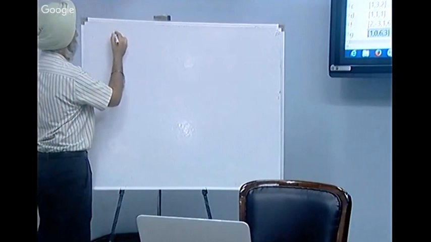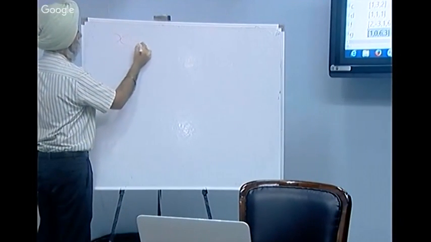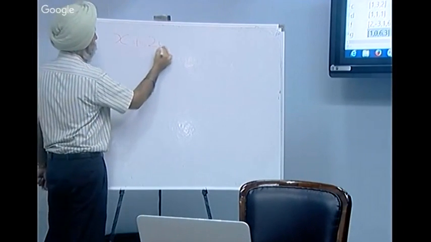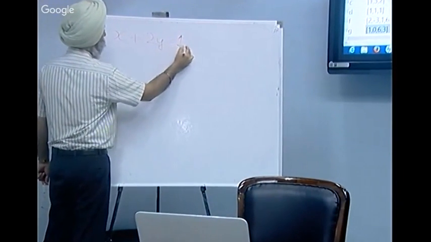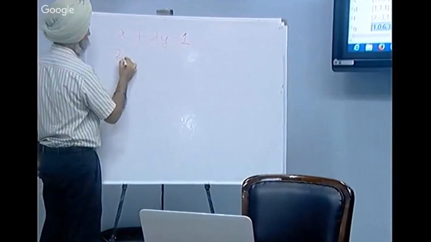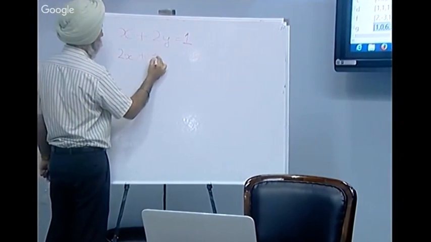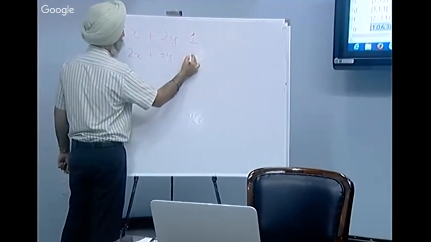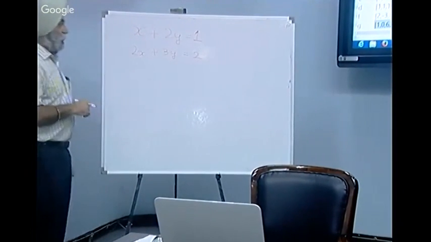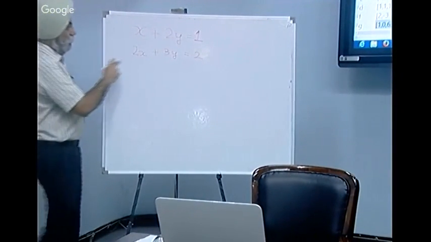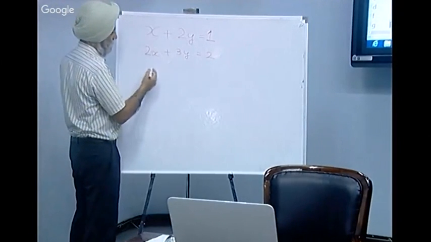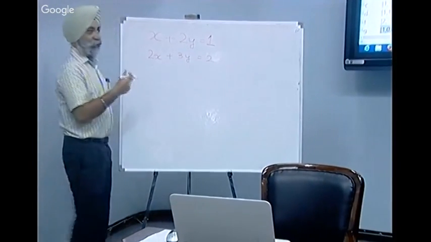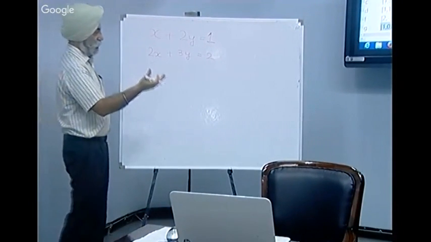So we have, say, x plus 2y is equal to 1. Now how do we solve it using Matlab? So we take matrices, we put it into the form A into x is equal to b.